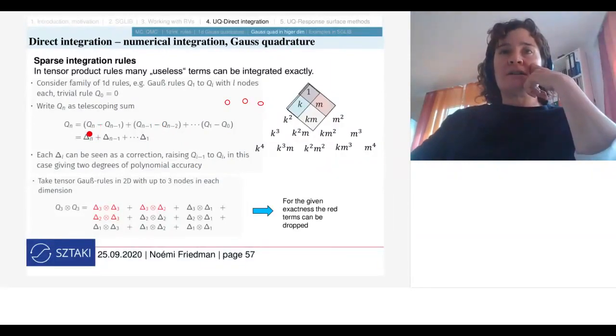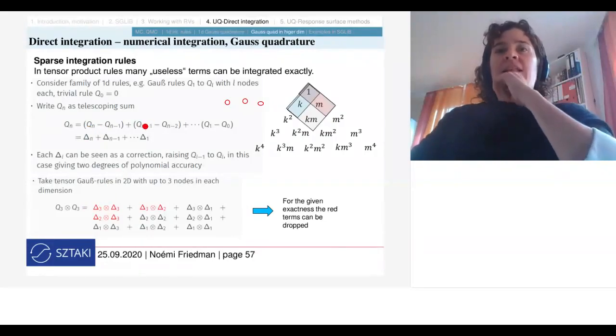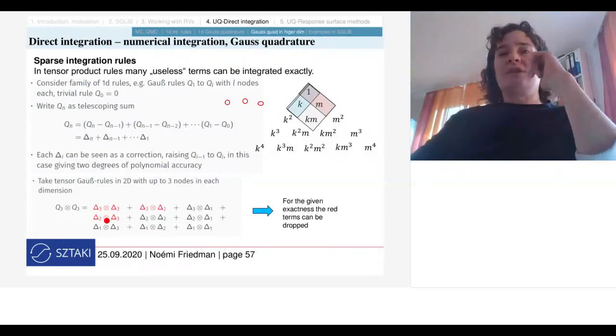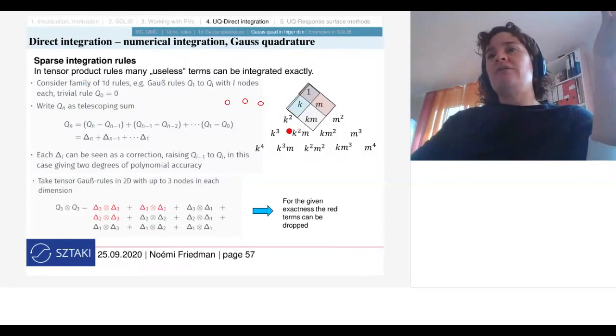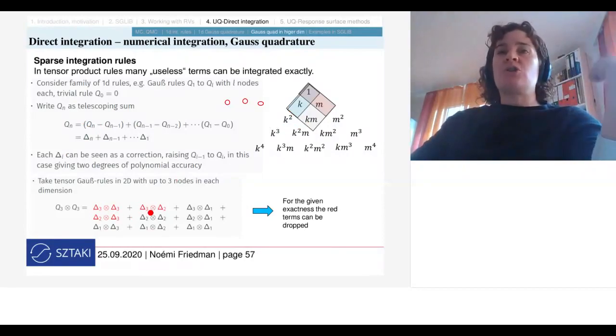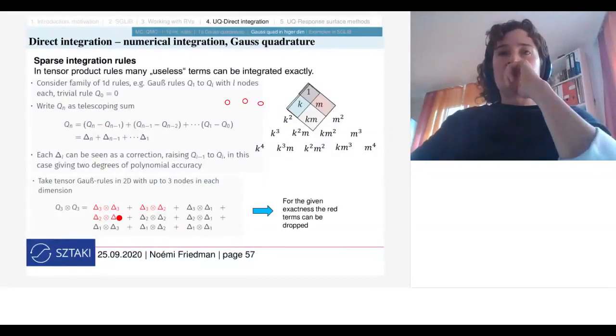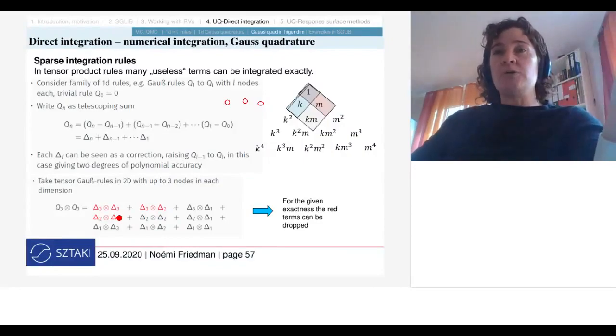And then these differences, I can note as these deltas. And then I write the end point rule with these deltas. And this way, I can actually control which terms I want to keep and which terms I want to throw out.